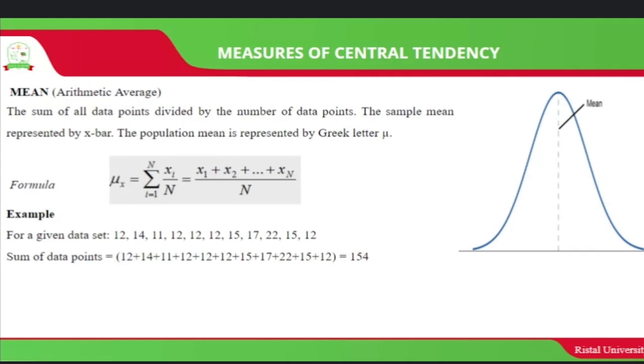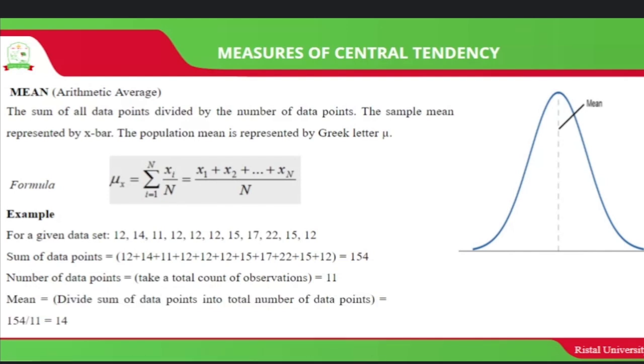We sum all these data points to have 154. The total number of data points is 11. So our mean will be 154 over 11, which is 14. As simple as that. Our mean is simply the sum of all the data points divided by the number of data points.